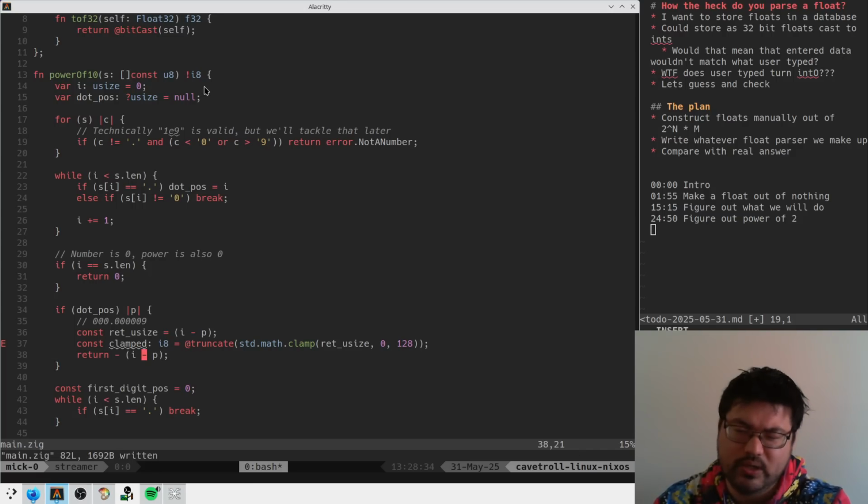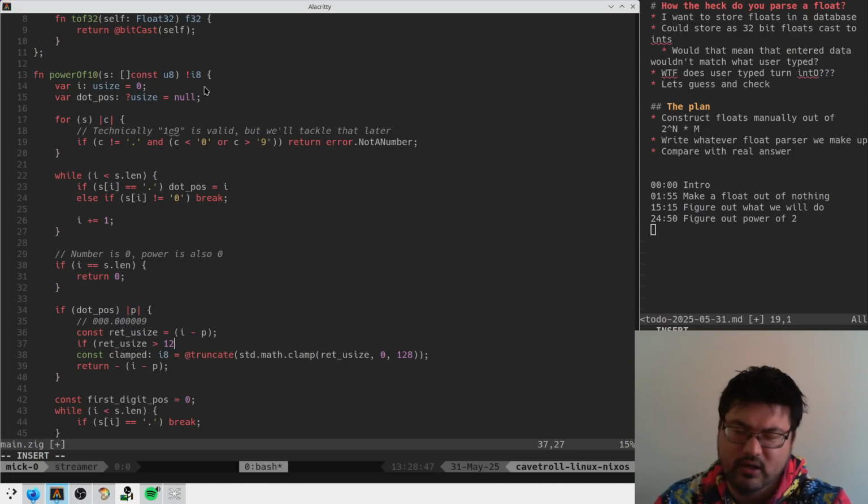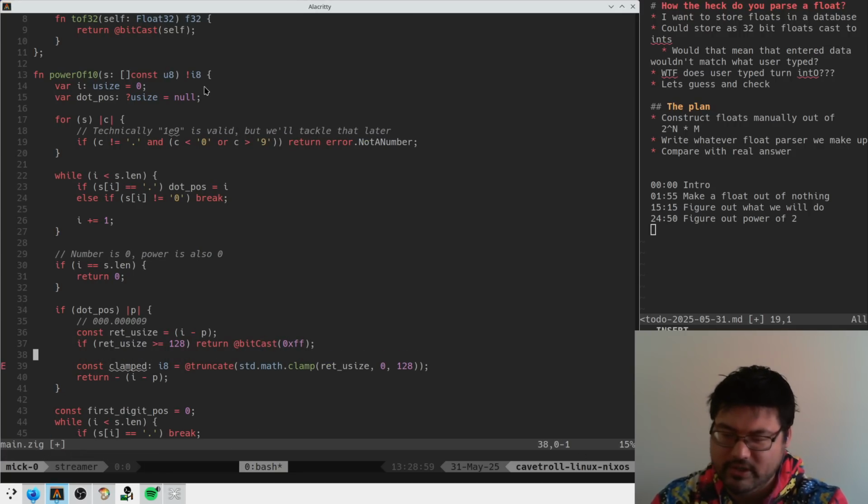I guess if it's 128, then we can't negate it. I think that you have more on one side. I can't remember which. So we'll do it this way: if ret U size is greater than or equal to 128, return, I don't remember, but we'll just make it all ones.